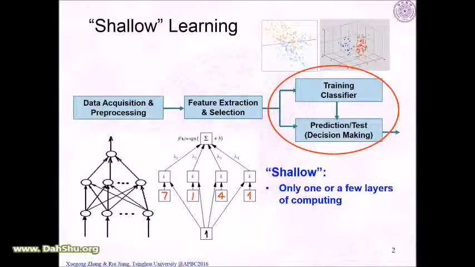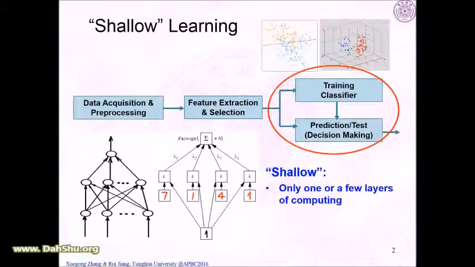But they are shallow in the sense that they only involve one or few layers of computation. Like in the traditional neural network study, they only have one hidden layer or at most two hidden layers. So this is shallow. In support vector machine, it's only one layer of the kernel computation and then another layer of summing them together.